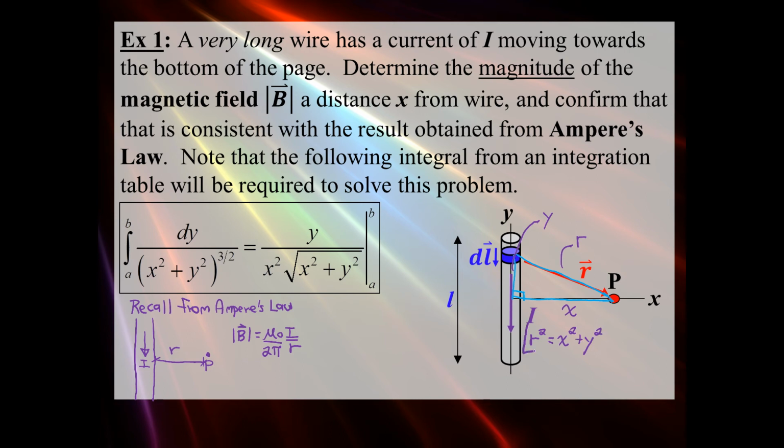We'll box that equation because we're going to make use of it later in the problem. And we'd also have r is equal to the square root of x squared plus y squared.